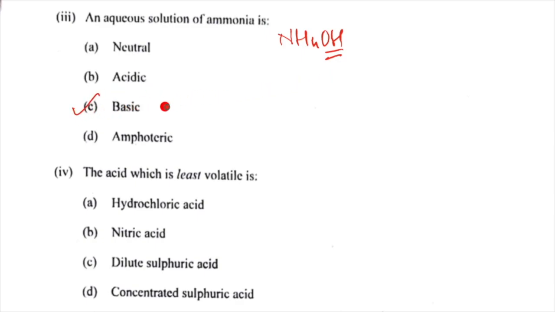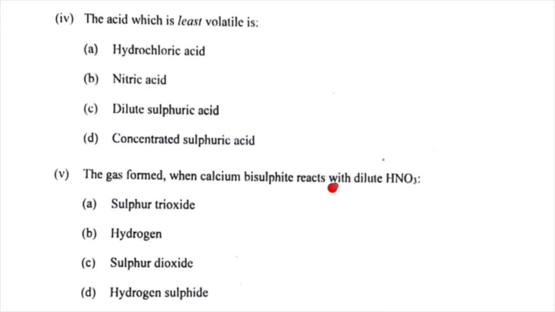So the correct option is basic, and that is our C. Fourth subpart, the acid which is least volatile. Least volatile or non-volatile is concentrated sulfuric acid. You know that, right? So that will be our option D.